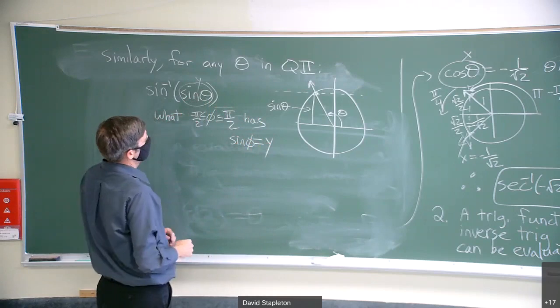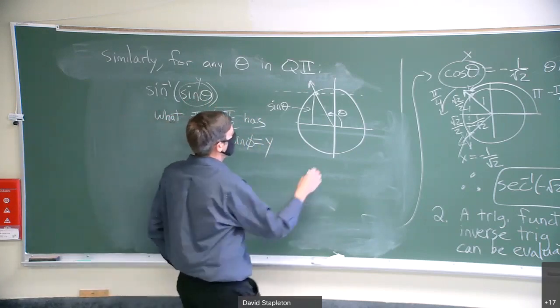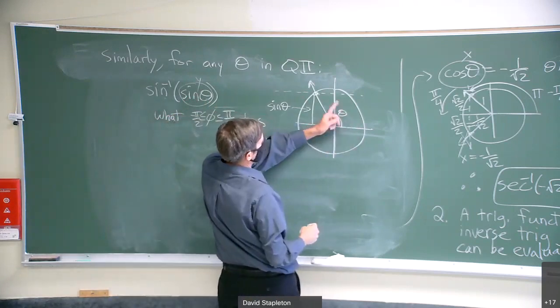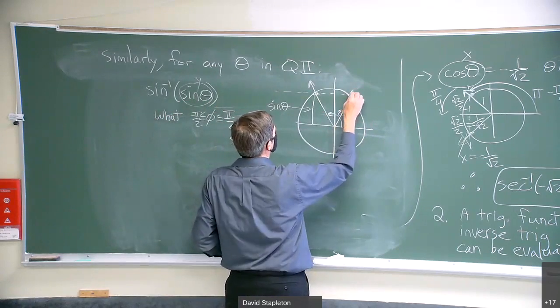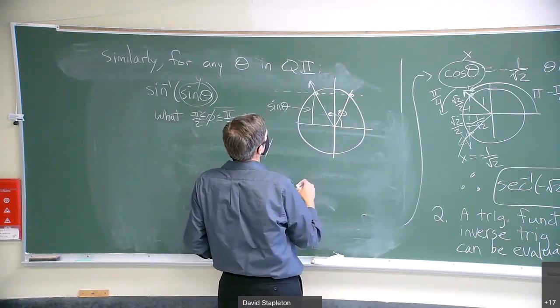I call this y, the same y coordinate. Well, it has to be an angle between here and here with the same y coordinate, just like in the last example. So it's got to be that angle right there.